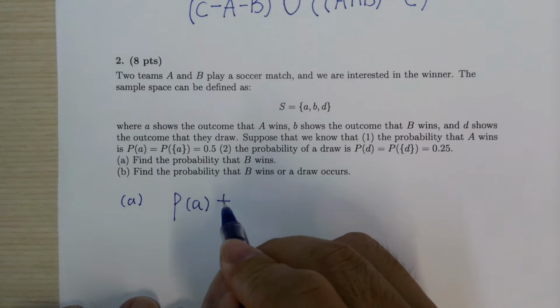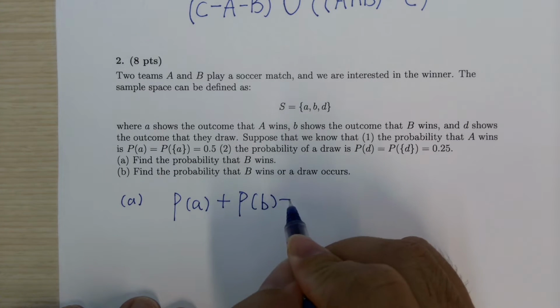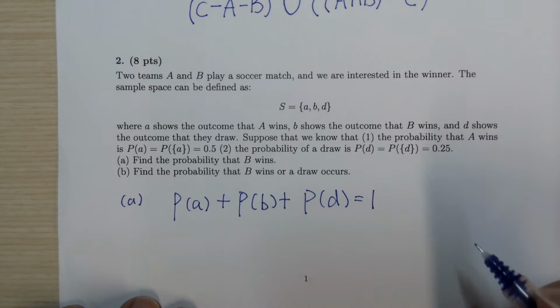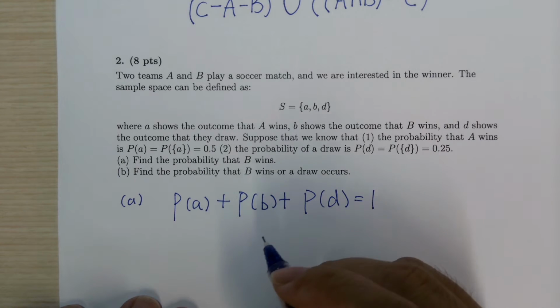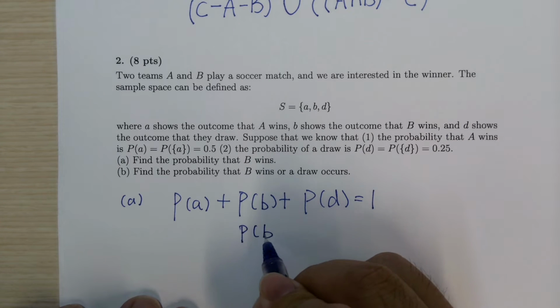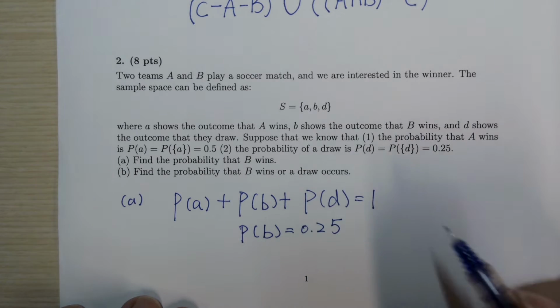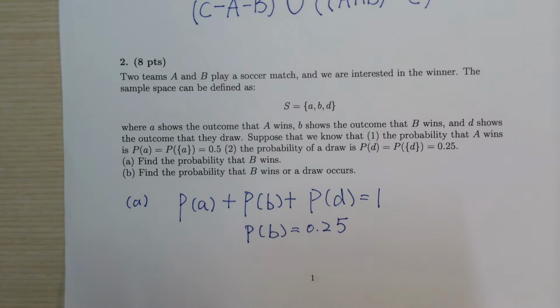So for part A, we know that the probability of A plus the probability of B plus the probability of D equals 1, based on the axiom that the sum of the total probability equals 1. So hence, it's very easy to derive that the probability that B wins is going to be 0.25, right? And then the second one is to find the probability that B wins or we have a draw.